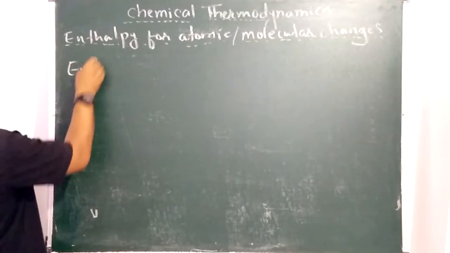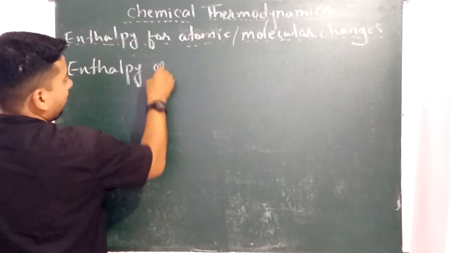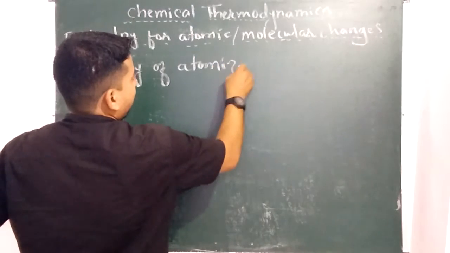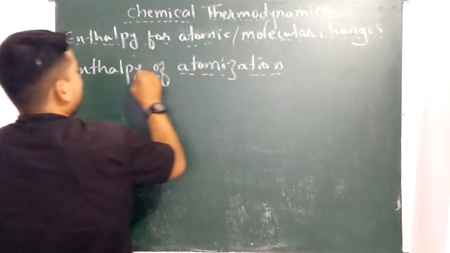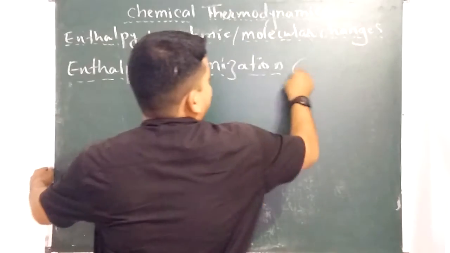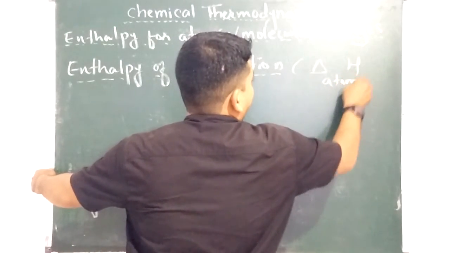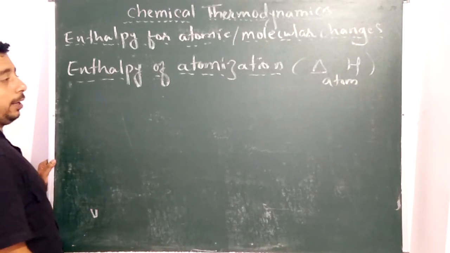Enthalpy of atomization, delta H ATOM. Enthalpy of atomization is shown by delta H ATOM.